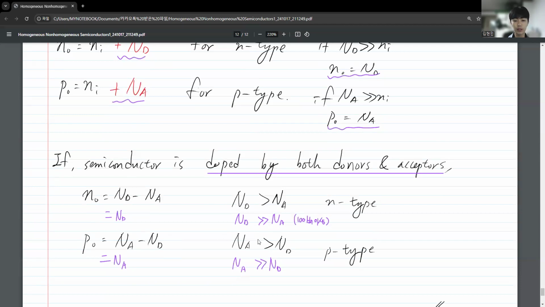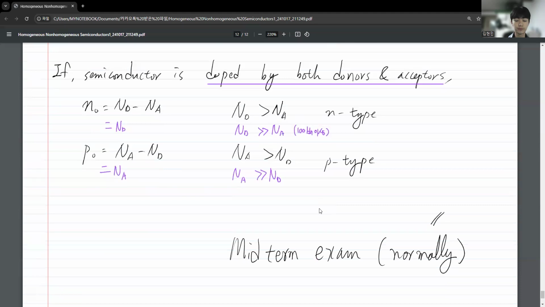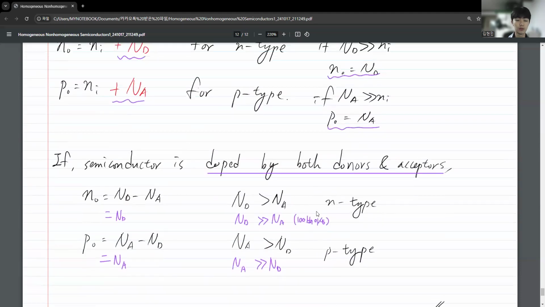For p-type, where NA is larger than ND, p0 equals NA. Thank you.